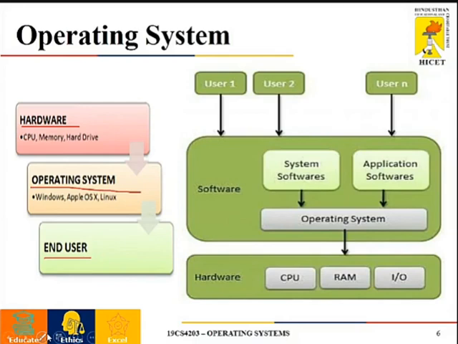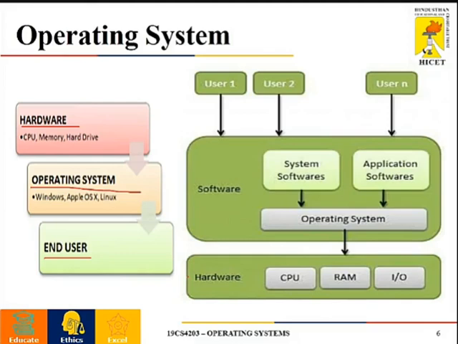So actually, the operating system acts as an interface between the hardware and the end user, as you can see over in this diagram. On the right hand side, another diagram is given where the layered approach is shown as a diagrammatic representation, or we can also say a simple architecture of the operating system.